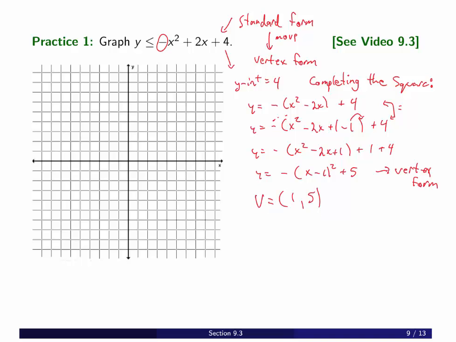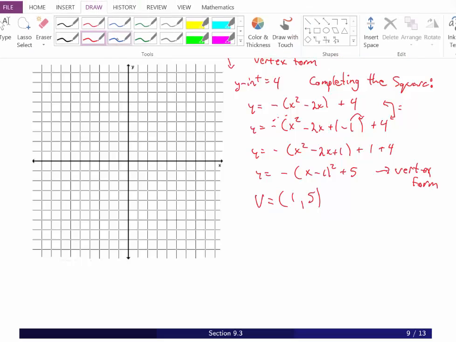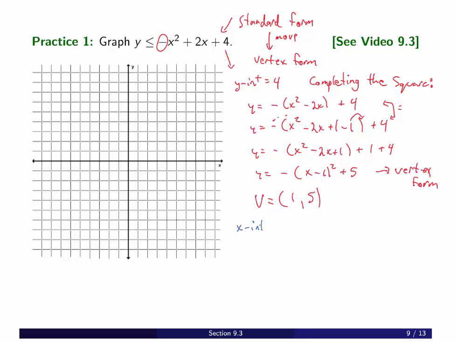It is also useful to get the x-intercepts. There could be two, and you do this by letting y equal 0 and solving for x, just like normal. I'm going to work from the vertex form because it's quite easy. When y is 0, we have 0 equals negative (x minus 1) squared plus 5.